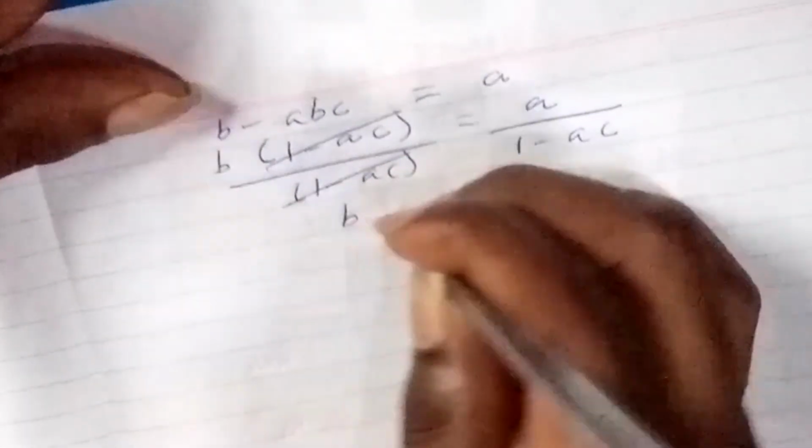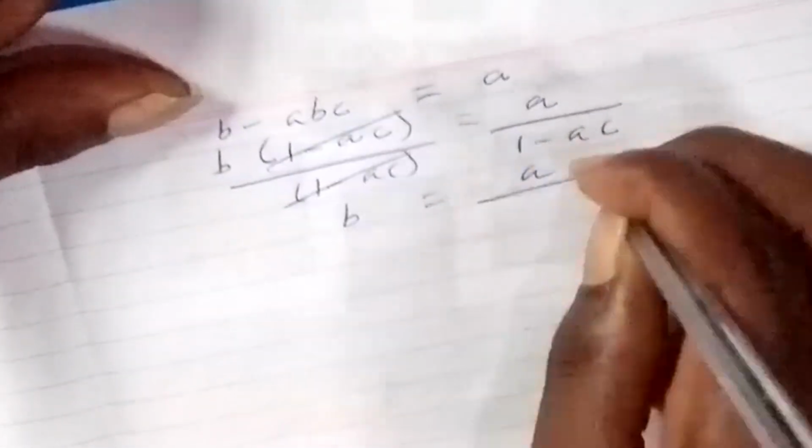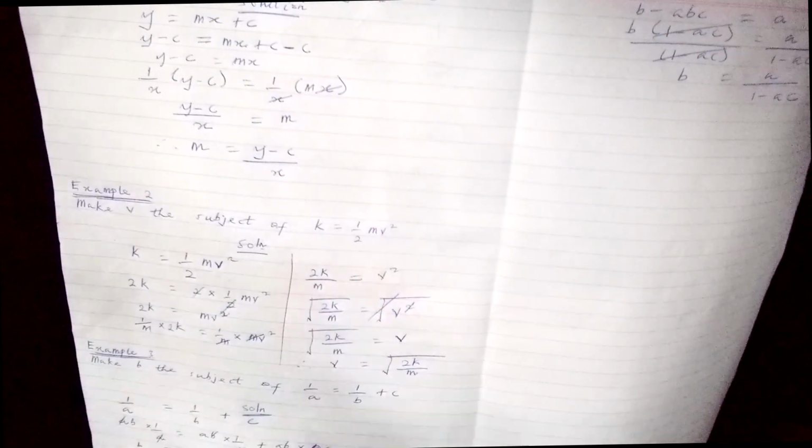To factorize this expression, b will come out leaving 1 minus ac, which is equal to a. So we divide through by 1 minus ac on both sides. This will cancel this, leaving b is equal to a over 1 minus ac. So this is all about change of subject.